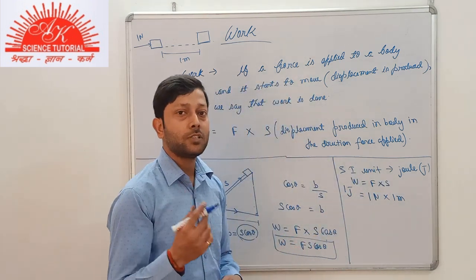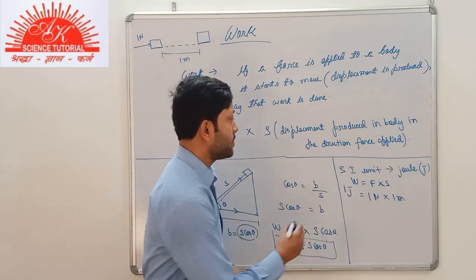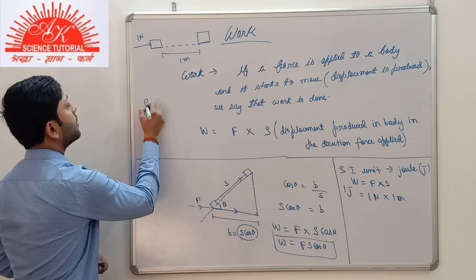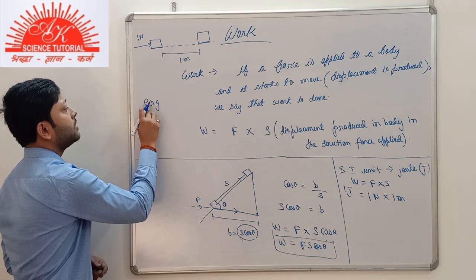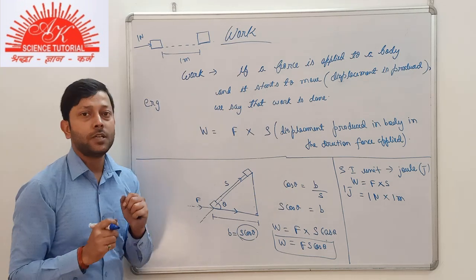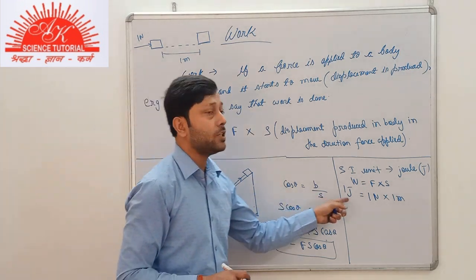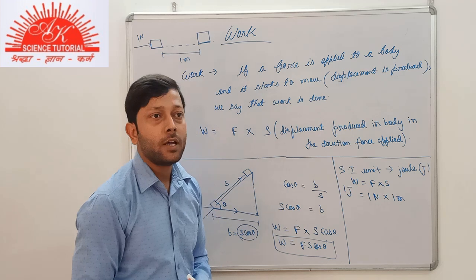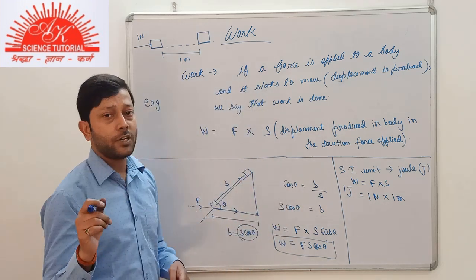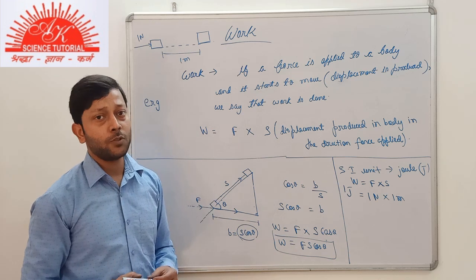If you are asked what is the CGS unit of work, the CGS unit of work is ERG, E-R-G. It has no symbol. ERG is the CGS unit of work, and joule is the SI unit of work. You might be asked what is the relation between the SI unit and CGS unit of work.